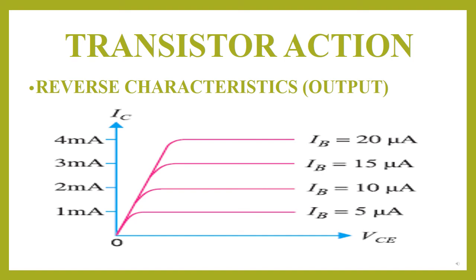Now change VCE and note IC, and at a certain VCE, IC becomes constant, which is known as saturation current. If we change IB, then IC increases, but we are keeping it constant. The graph between VCE and IC when IB is kept constant shows that by changing IB, the saturation current changes. This is the graph of output characteristics.